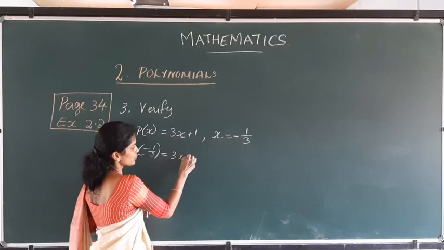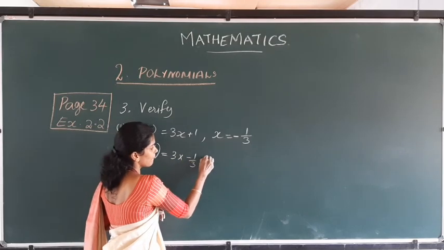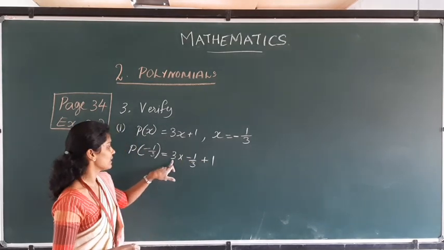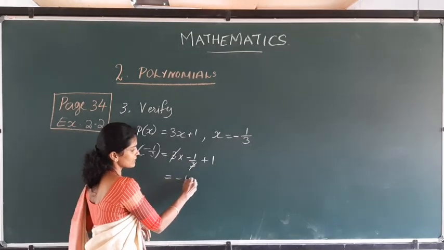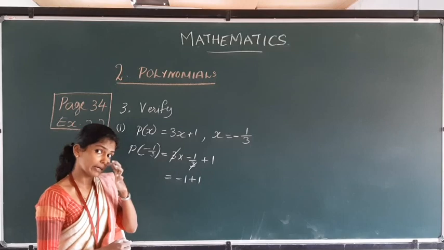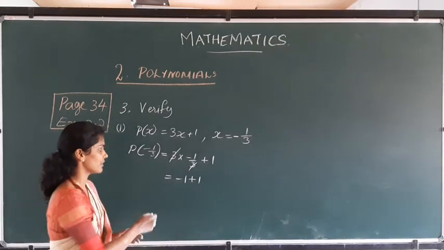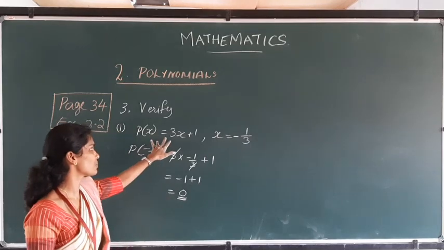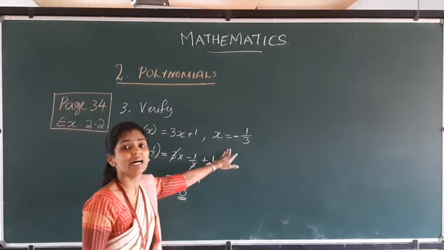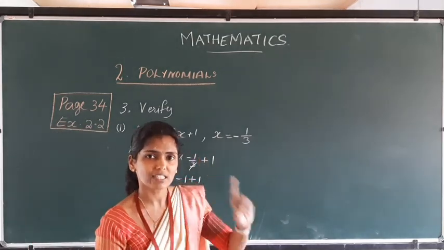Here 3 into minus 1 by 3 plus 1. We can cancel this 3 and this 3. We get minus 1 plus 1. What is the result here? Minus 1 plus 1 is 0. We got the value of this polynomial is 0 at x equal to minus 1 by 3.